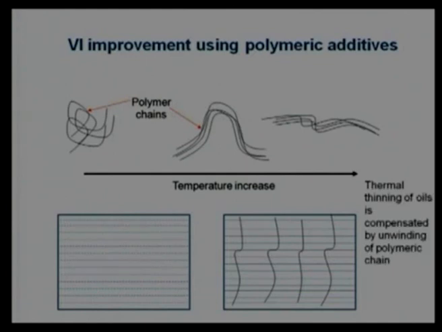So, I can say thermal thinning of the oil is being compensated by unwinding of polymer chain, and these are the multigrade oils. In reality, they are not mixed, they are not two separate oils, but they show performance like two-grade oils, like multigrade oils.